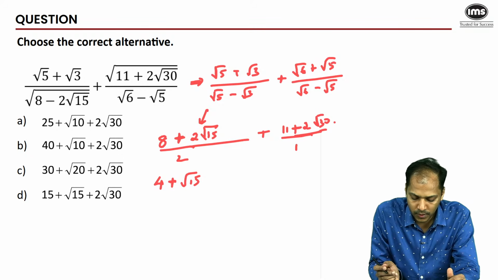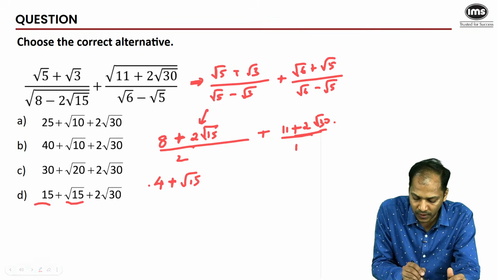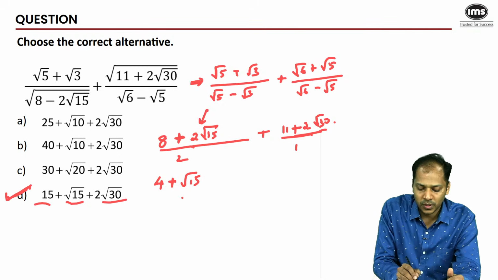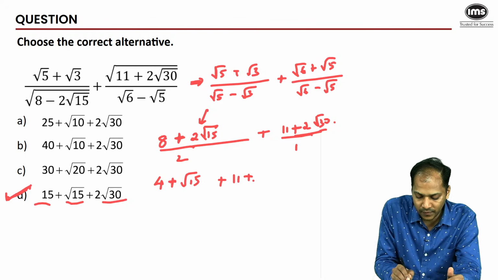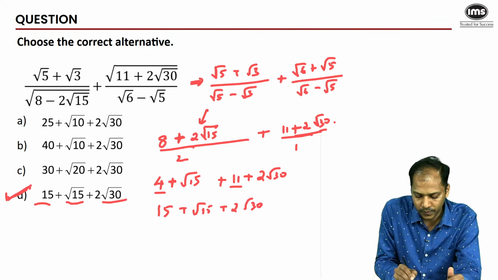So basically 4 plus 11 is 15, so 15 plus root 15 plus 2 root 30. The answer is option D.